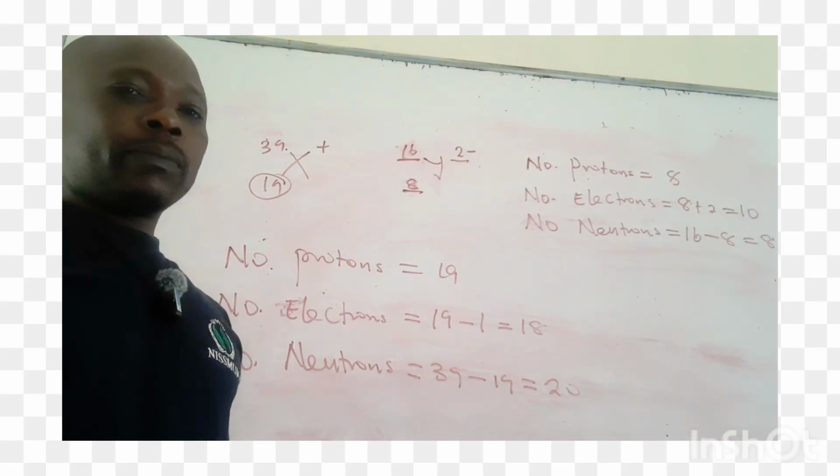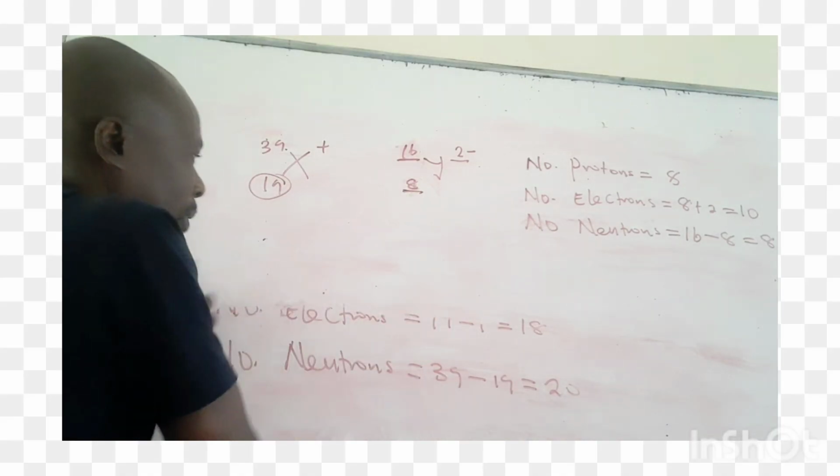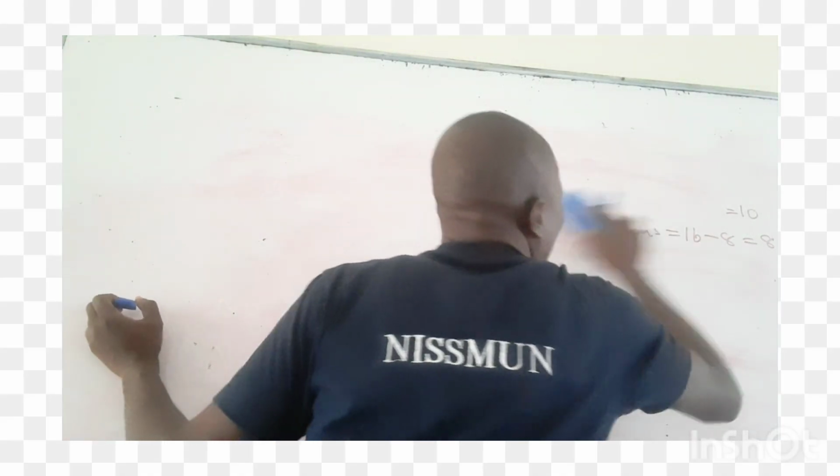Is that okay? Now let's look at this UTM question. This question is a JAMB question, and with that we'll conclude this first series today.